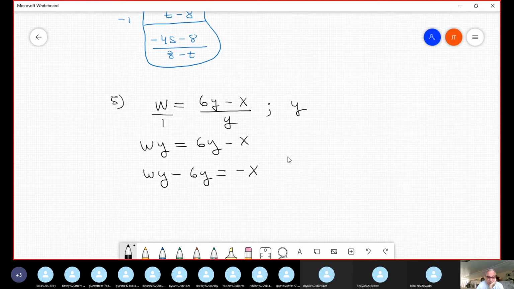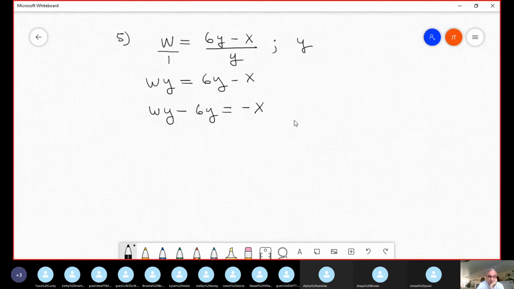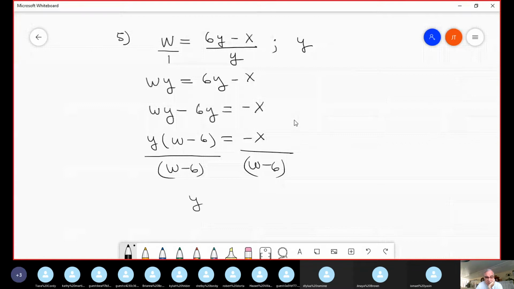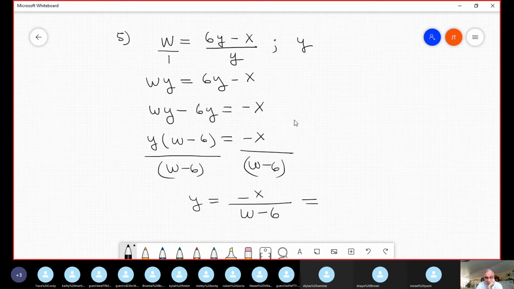Now factorization, y is a common factor out. (w minus 6) equal minus x. Finally, divide both sides by w minus 6. Parentheses or no parentheses, it doesn't matter in this case. y is equal to minus x over w minus 6. Okay, this, by the way, is equivalent. Suppose that you multiply by negative on top and bottom, it is x over 6 minus w.